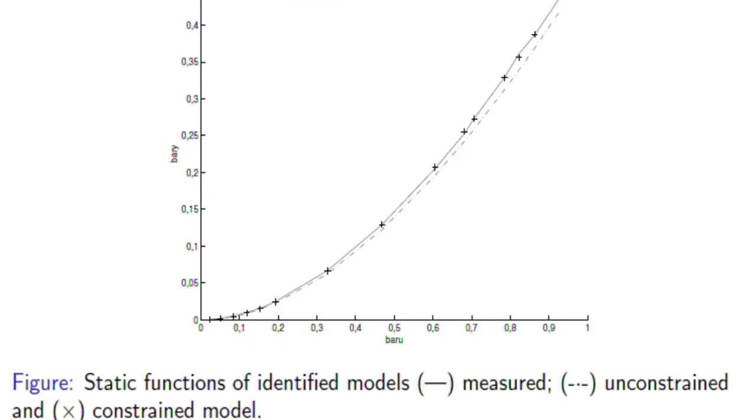Okay, so the performance is, as expected, the crosses, which fall exactly on top of the measured data. Now, the black box model is the dashed line, which is very close. So, was it worth doing all this? Probably not.